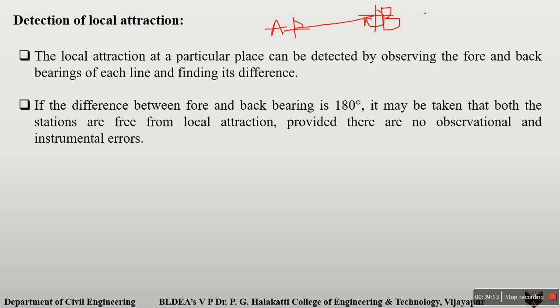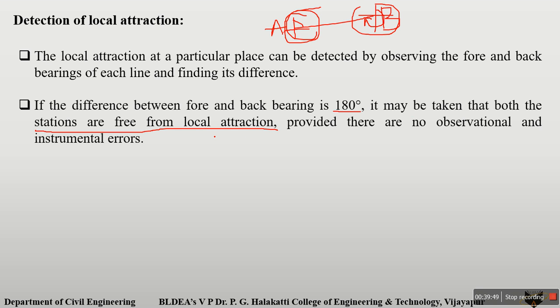Just observe these two bearings, the forward bearing as well as the back bearing of the AB line. After that you come to know that the difference of the back bearing and the forward bearing is always equal to 180 degrees. If the value is equal to 180 degrees, you come to know that these two stations are free from local attraction.